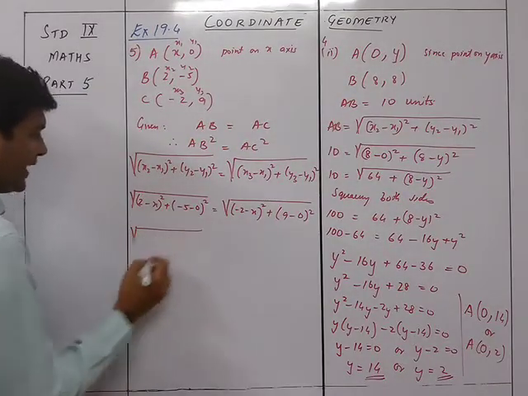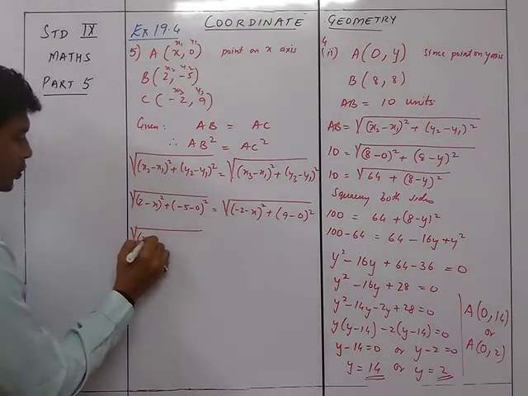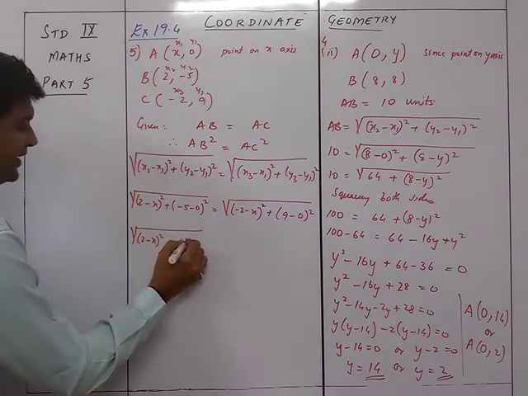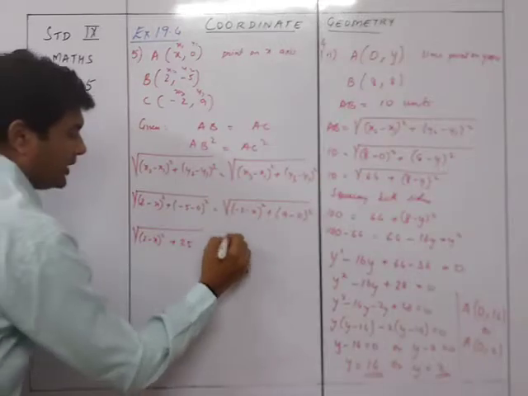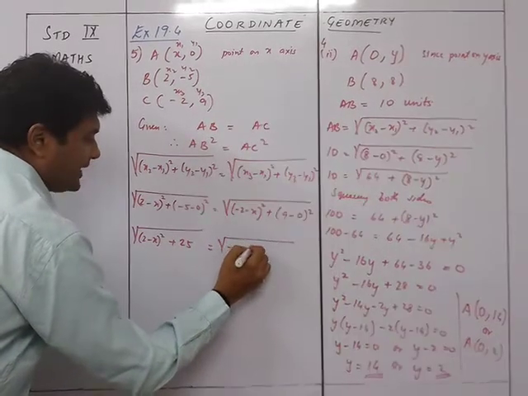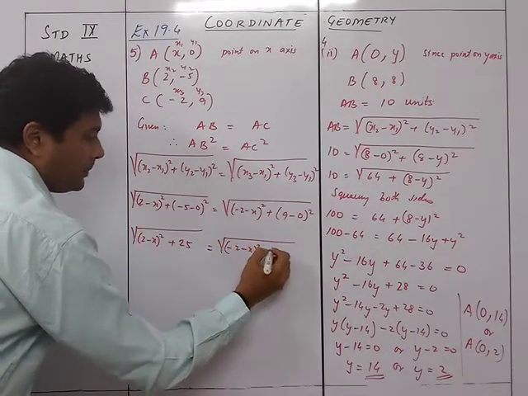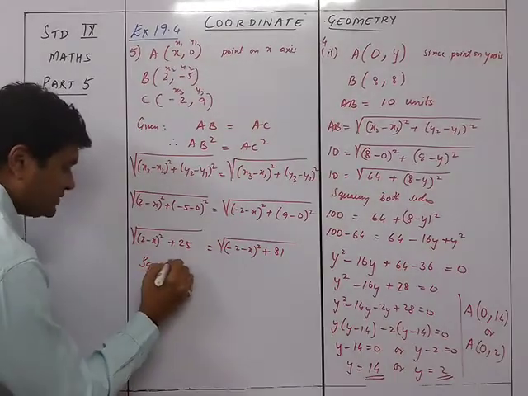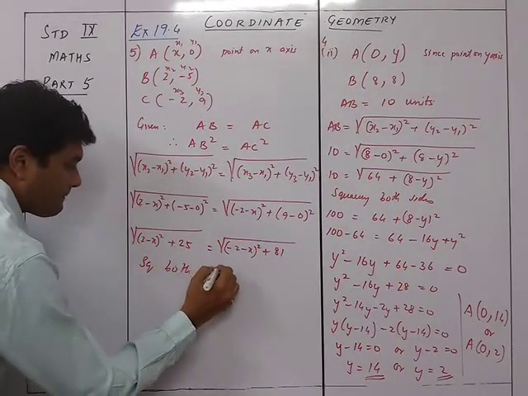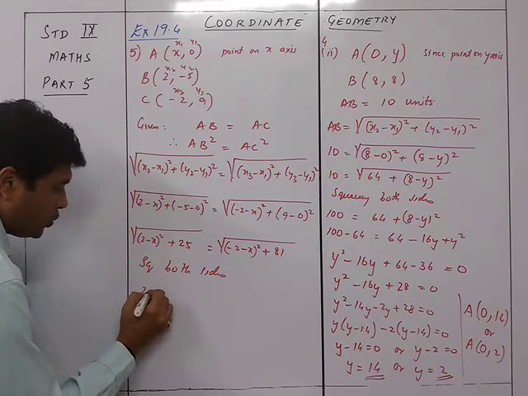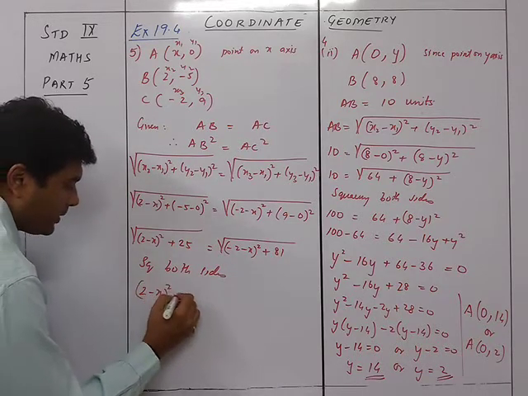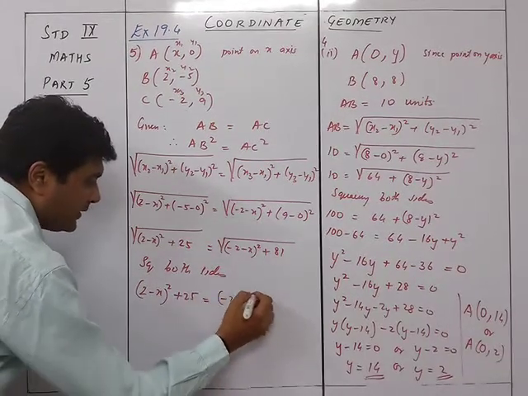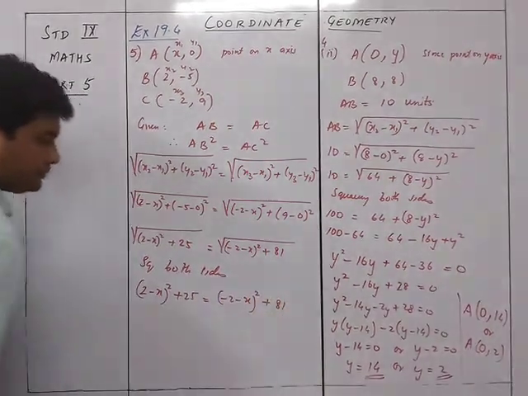So this will give you 2 minus x the whole square plus 5 square is 25, and this will be again minus 2 minus x the whole square plus 81. Squaring both sides, we will be having 2 minus x the whole square plus 25 is equals to minus 2 minus x the whole square plus 81.